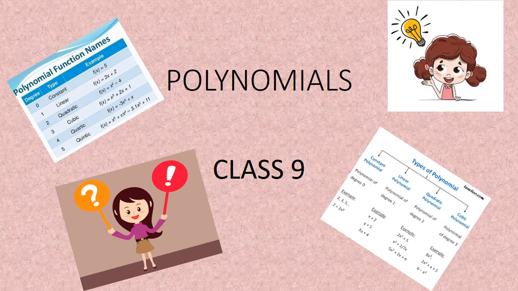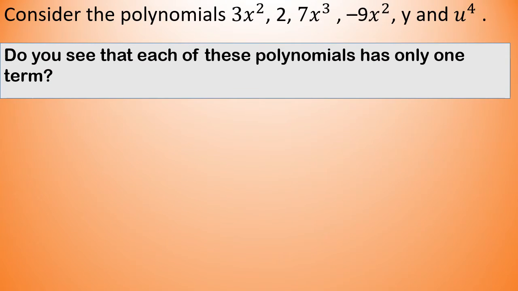Today we will see polynomials, class 9, second exercise. Here you can see the polynomials 3x square, 2, 7x cube, minus 9x square y, and u to the power of 4.